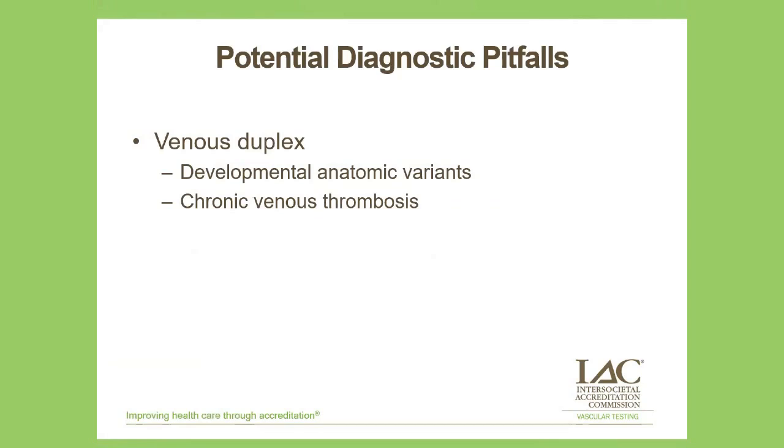For example, presence of developmental anatomic variants, such as a duplication of the femoral vein, might make the use of augmentation maneuvers to determine the presence of an occlusive venous lesion ambiguous. Additionally, the presence of chronic changes within a vessel subject to prior thrombosis might affect the use of criteria for establishing the presence of an acute DVT.